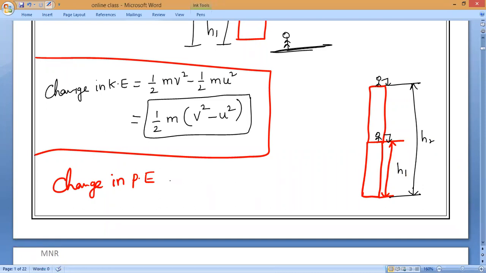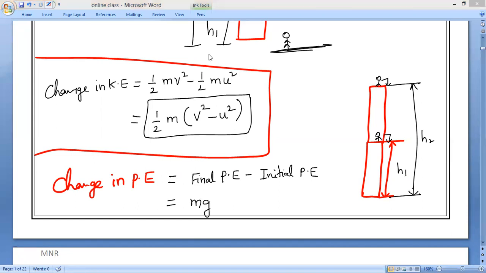So change in potential energy equals final potential energy minus initial potential energy. Is it okay, everybody? Final potential energy means the formula is mgh, because the mass of the body remains constant or not? Same body is falling. Mass of the body is constant, acceleration is also constant. Who is only changing?